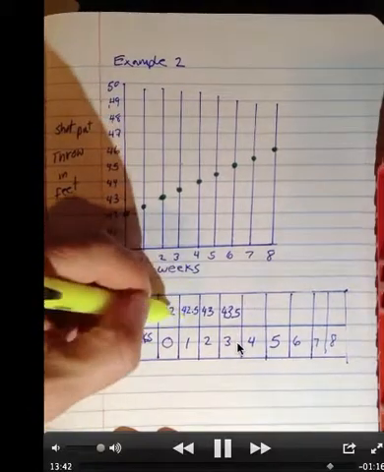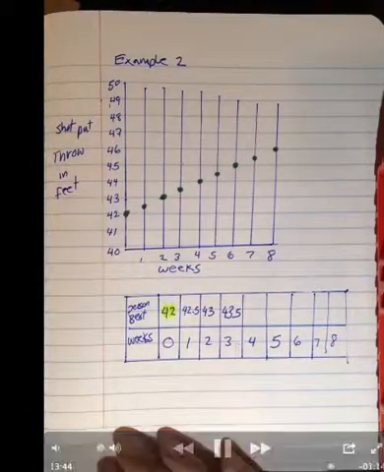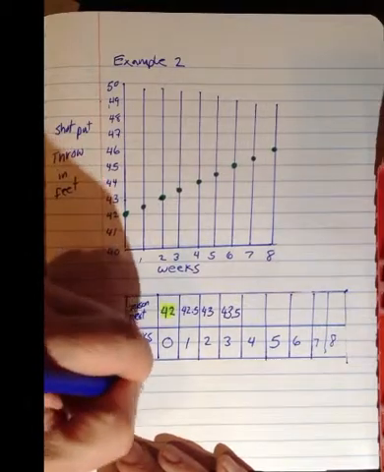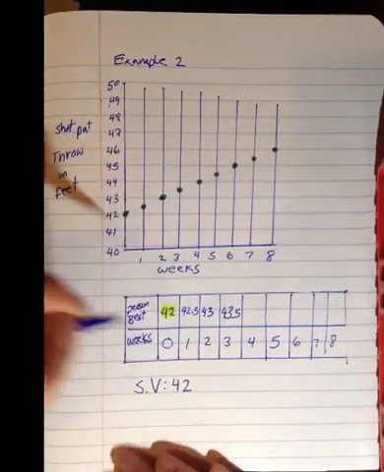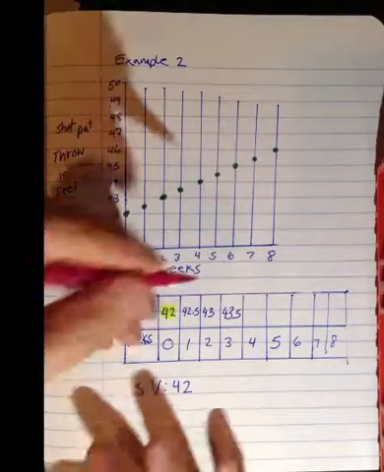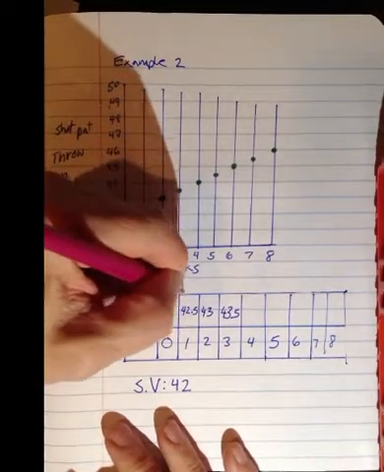Now I'm noticing a pattern. My start value is 42. As soon as I see a start value and an operation, then I can use that as a shortcut.